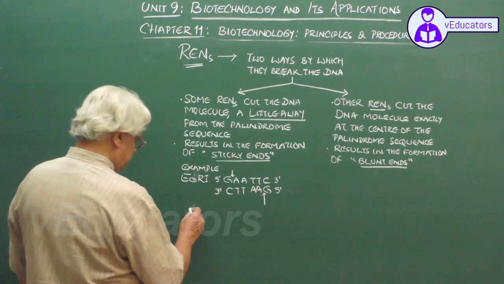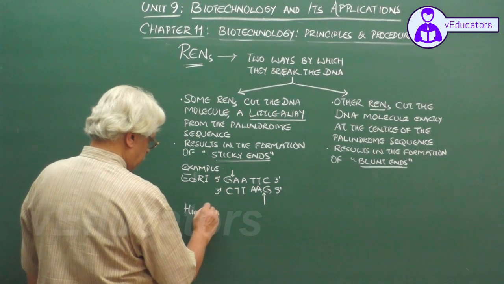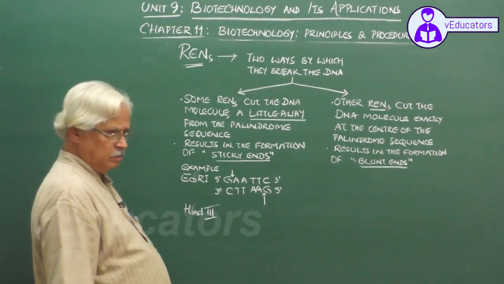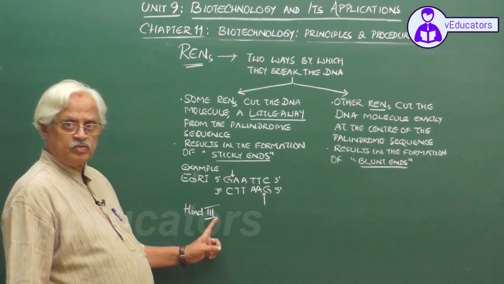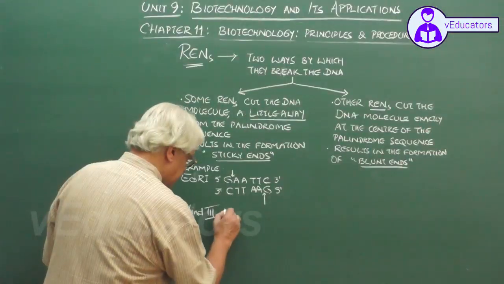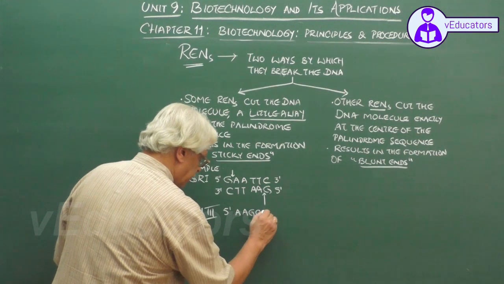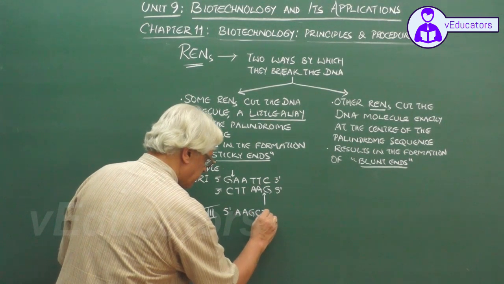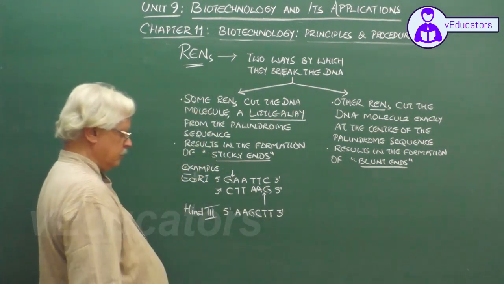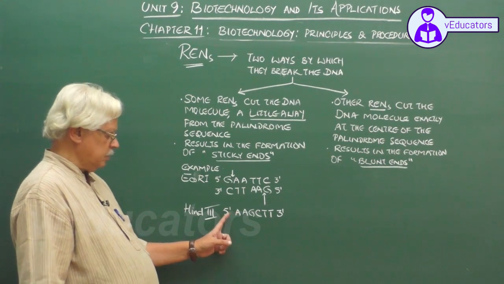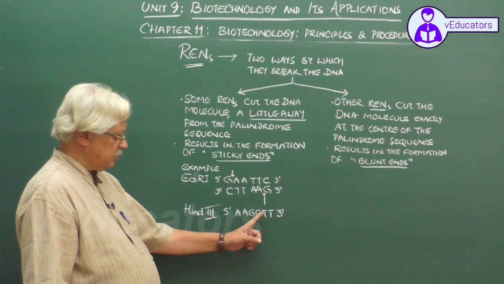Another example would be the restriction enzyme HindIII, which cuts the DNA at a palindrome sequence which reads like this: from 5' end AAGCTT.